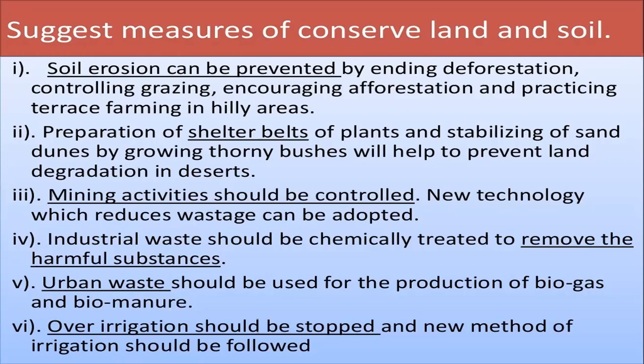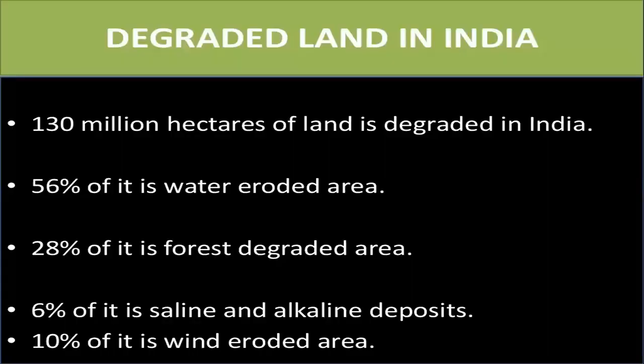Urban waste should be used for production of biogas and biomanure, and over irrigation should be stopped, and new methods of irrigation should be followed.